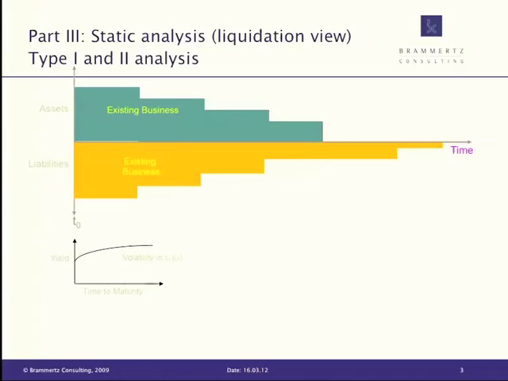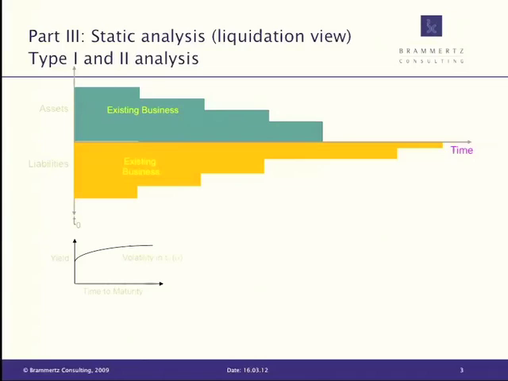Something new also, a concept we have to be aware of. In part 3, where we are now, we talk about static analysis. Part 4, which will be next, after chapter 13, I think, will be dynamic analysis.